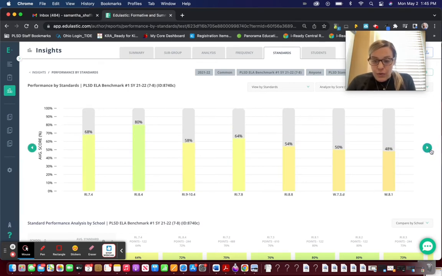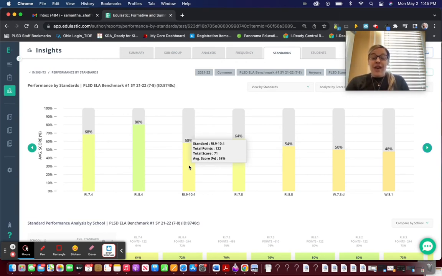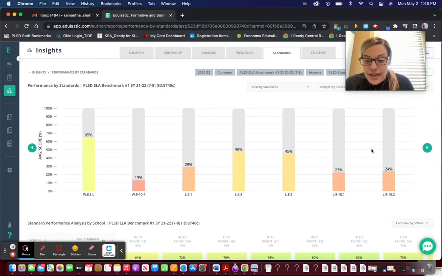So, if you look at these, the further you go, they give us the goodies first, and then we're going to get down into the items that were a little more difficult. So reading informational text standard 4, that's a vocab standard. And there must have been something that was a little more difficult for the students. And we can take a peek at this one where we've got a 64, a 54, a 50, a 48, and then even lower numbers over here.